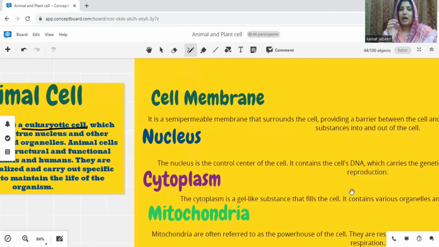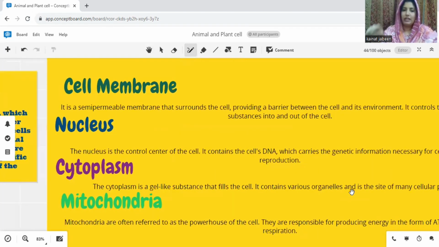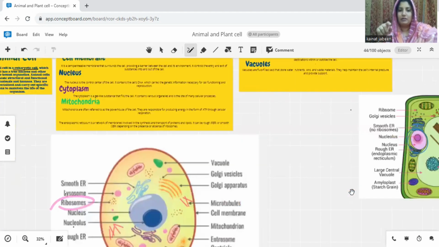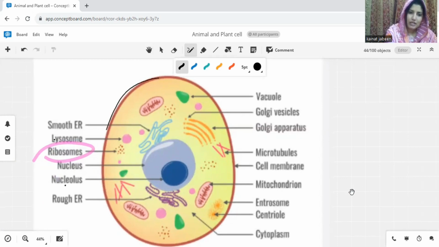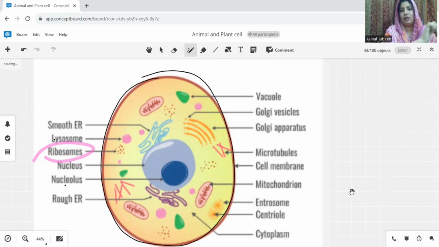Start with the outer layer, the cell membrane. You can see the diagram. The outer membrane present in the animal cell is the cell membrane. The cell membrane has different functions. It can protect the cell, and it controls what moves in and out of the cell.